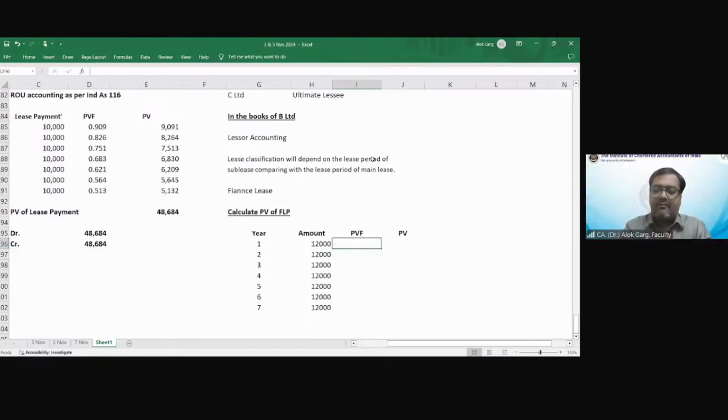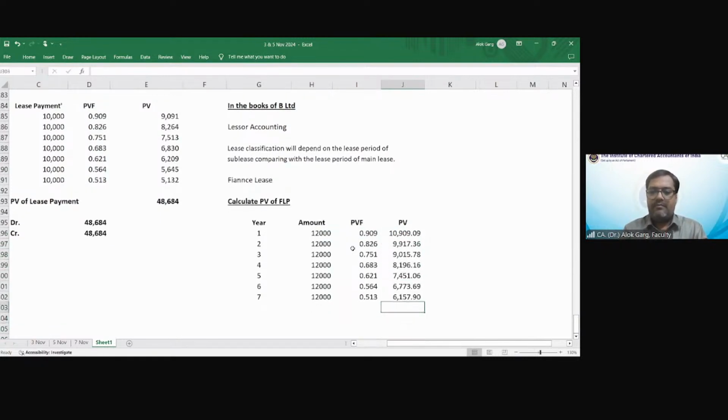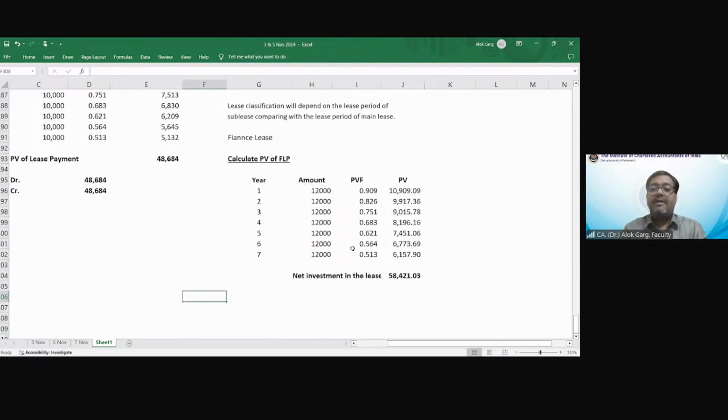It is given, 1 divided by 1.1. What is my net investment in the lease, my finance lease receivable? 58,421.